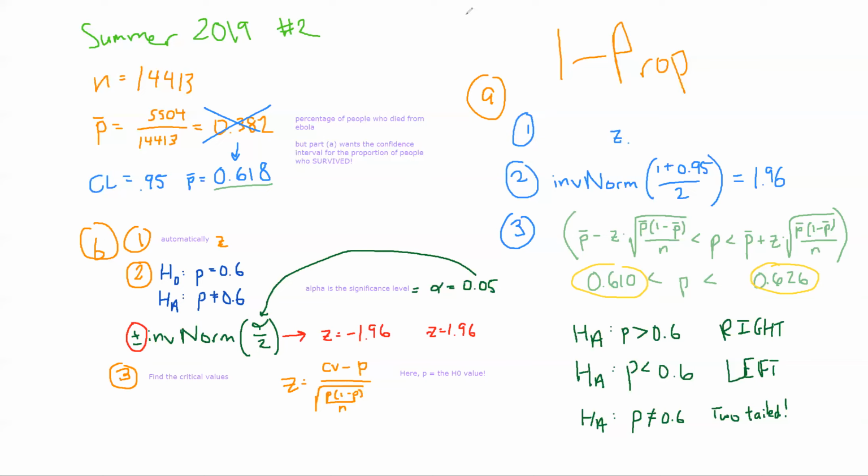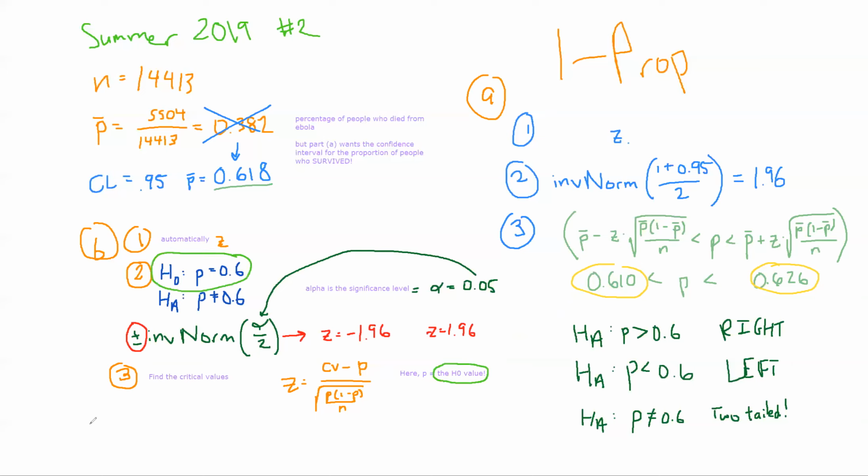P and P versus P bar and P bar. We use P bar for the confidence interval. We use just regular old P for the rejection region method. So that's just something to bear in mind. Okay, what do I mean by H null value? Well, it's the value you can find in the null hypothesis. So where is that? That is this guy, 0.6.